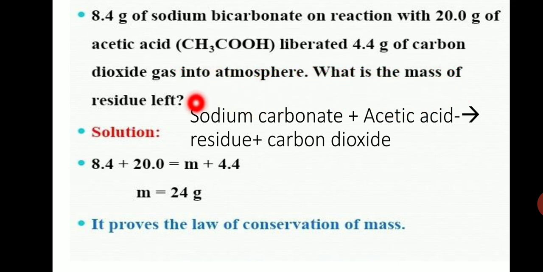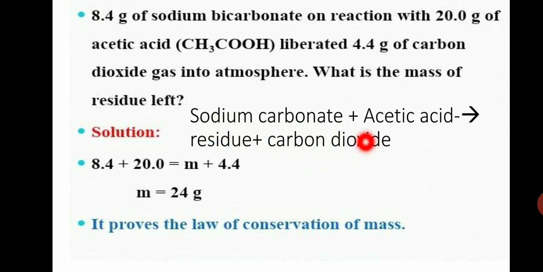What is the mass of the residue? So what is left in the test tube? Carbon dioxide is liberated, so one more product will be there in the test tube. That mass is not given, and we don't know its name, so you can write it as residue itself. No problem. So the products are one residue and the liberated carbon dioxide.